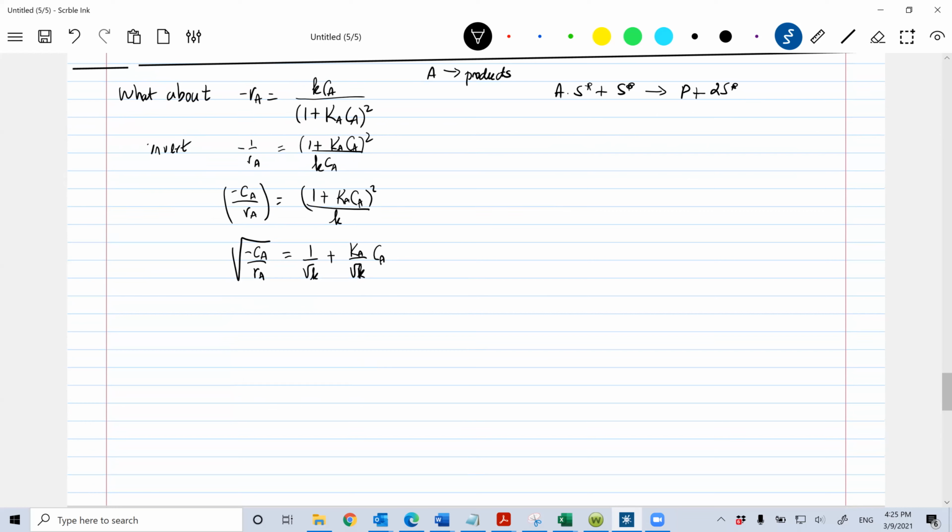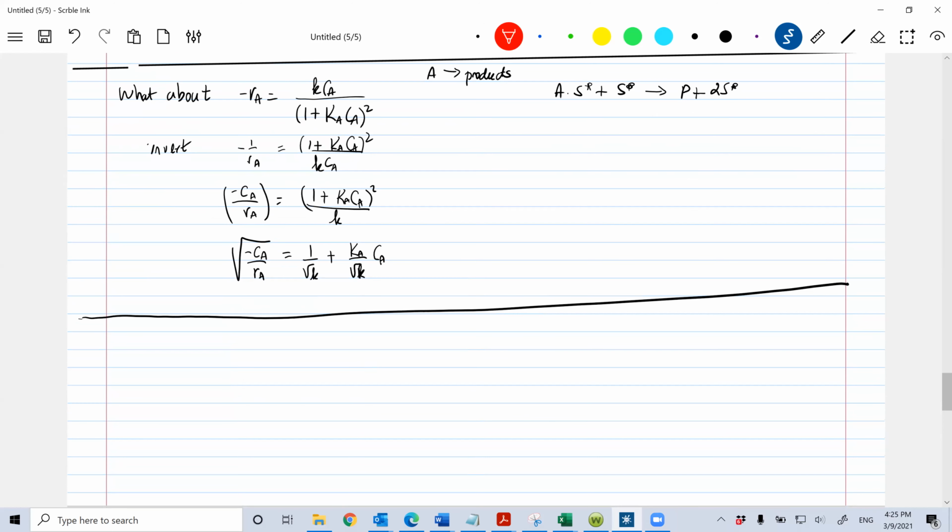Let's say you have a power law expression with more than one reactant. In this case, we can take an A plus B type of reaction going to product.